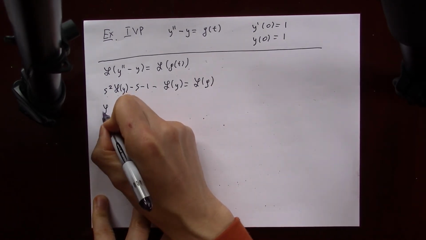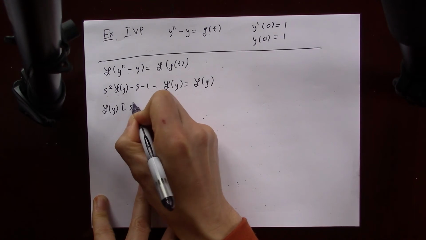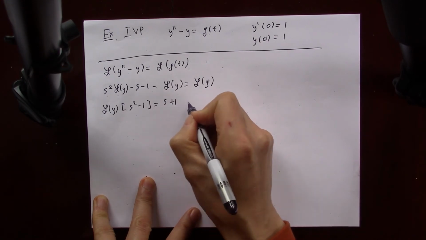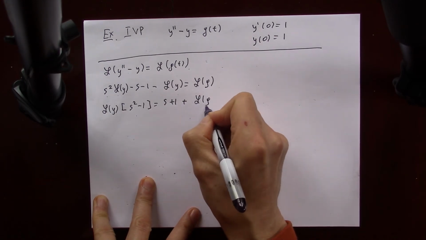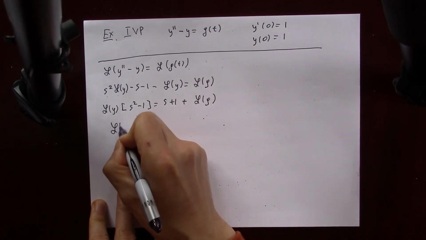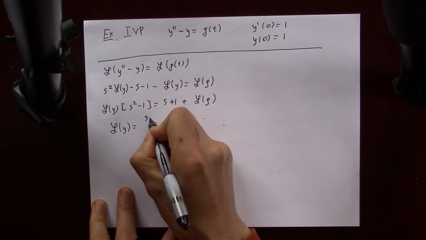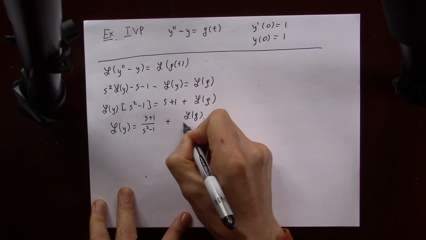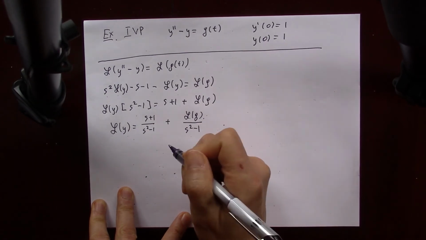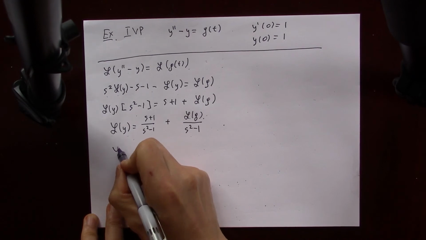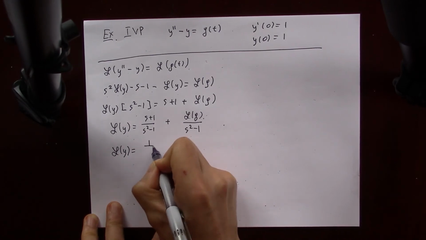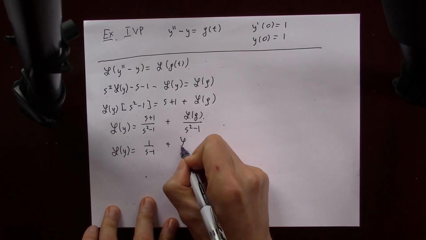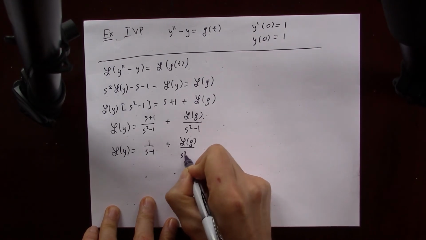So Laplace of y is going to have coefficient s squared minus 1 equals, adding s and 1 to both sides, divide by the coefficient of Laplace of y, reduce the first one into 1 over s minus 1, plus Laplace of g over s squared minus 1.